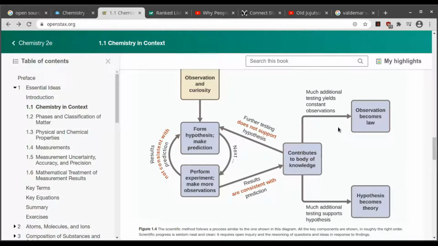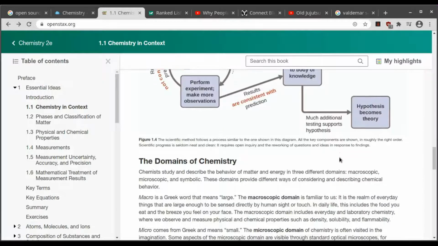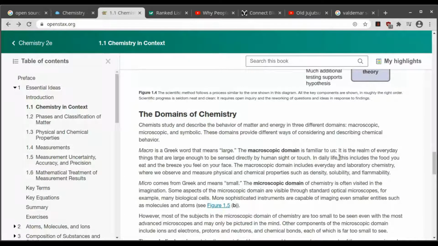All right, now it gets into the domains of chemistry. Chemists study and describe the behavior of matter and energy in three different domains: macroscopic, microscopic, and symbolic. These domains provide different ways of describing chemical behavior. Macro is the Greek word for large.